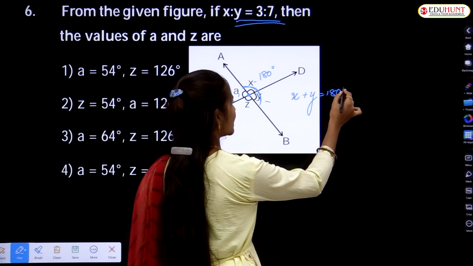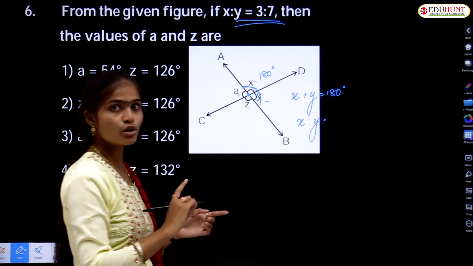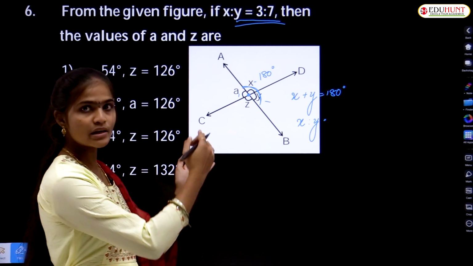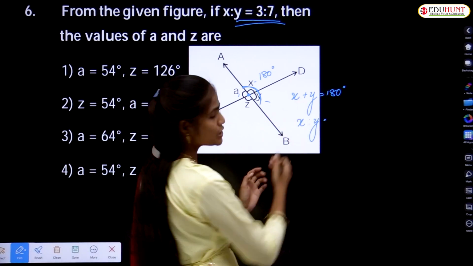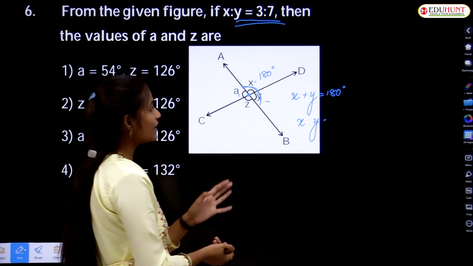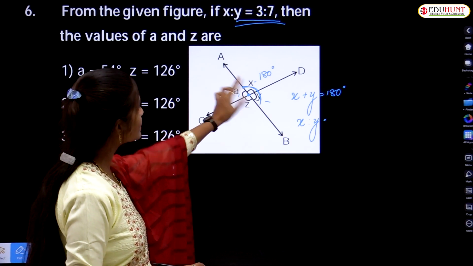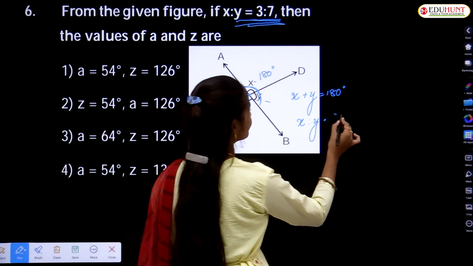But what condition have they given here? X is to y is the ratio of the angles. We know that x and y both lie on the same side of a straight line. That's why x plus y is equal to 180 degrees. But what have they given? The angles x and y are in the ratio 3 is to 7.